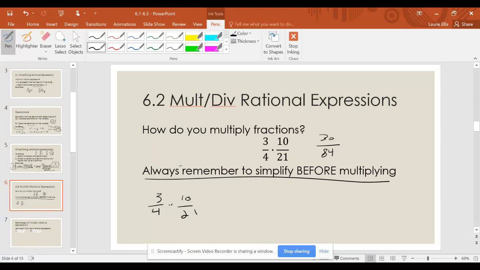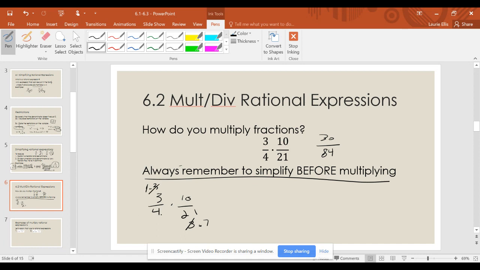I had a student once say it was cross-canceling, which I kind of agree with. So to simplify, you can cancel any numerator and any denominator: the 3 and the 21, the 3 and the 4, the 10 and the 4, or the 10 and 21. The 21 is 3 times 7, so the 3's cancel.